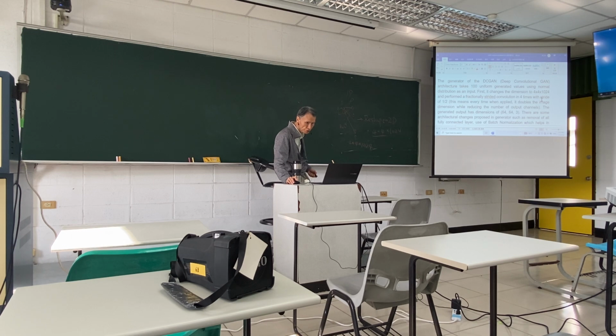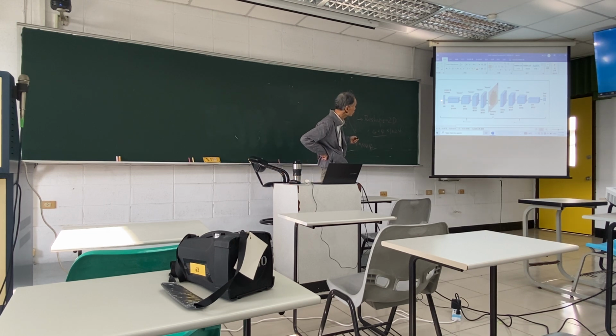Okay, so that's the original, just using convolution. First, generate 100 random numbers, and go. So the first part here is the generator.